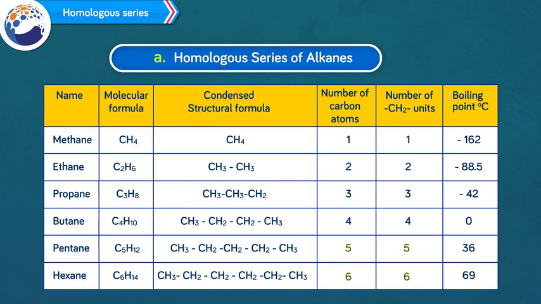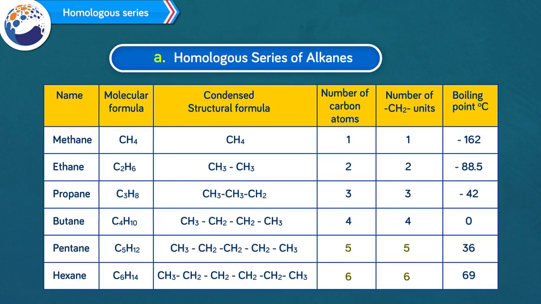Boiling point is minus 162. Ethane, molecular formula C2H6, structural formula CH3CH3. Number of carbon atoms 2, number of CH2 units 2. Boiling point is minus 88.5.